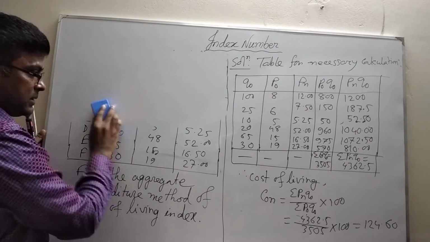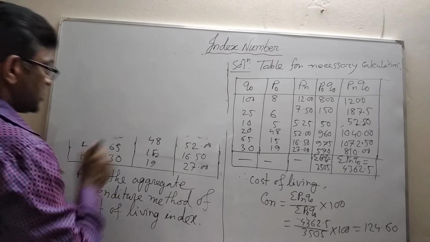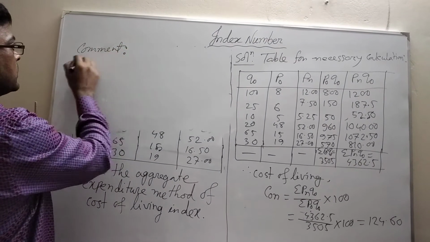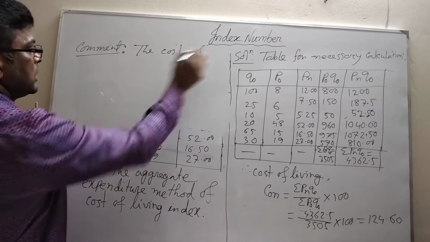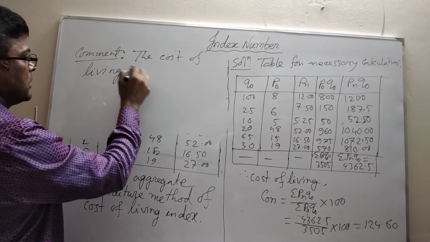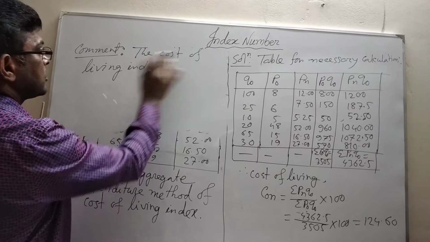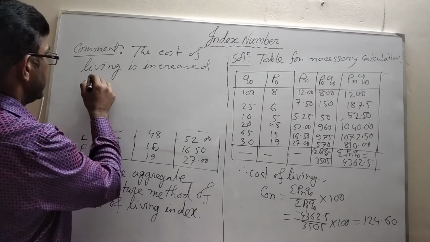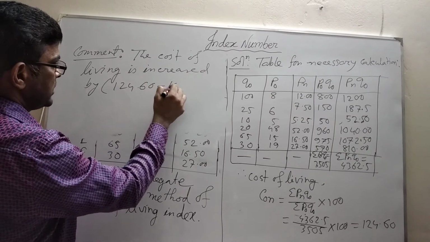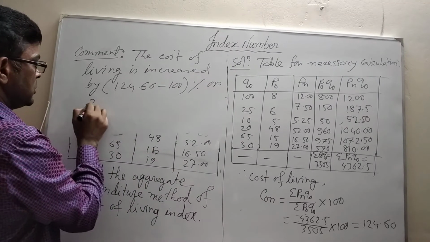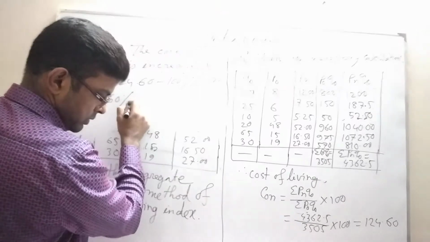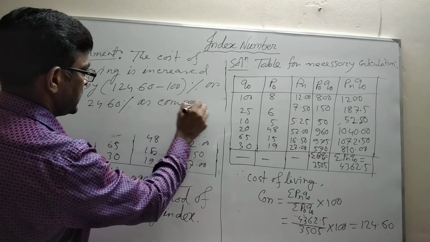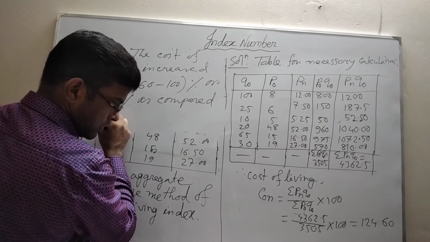In this cost of living index, the cost of living is increased by 124.60 minus 100, or 24.60%, in 1993 as compared to 1990.